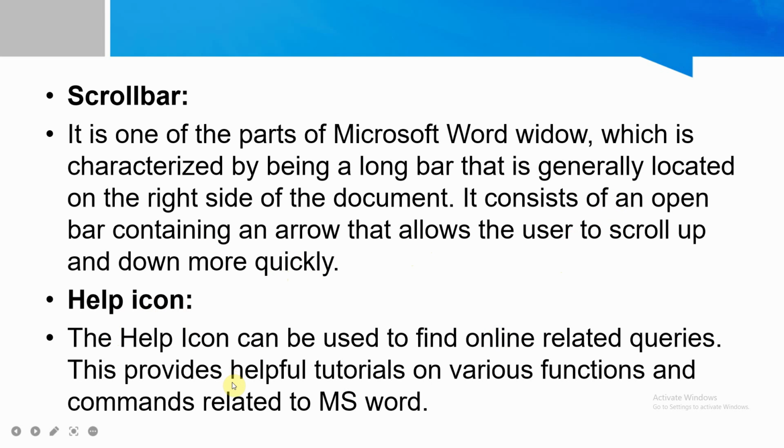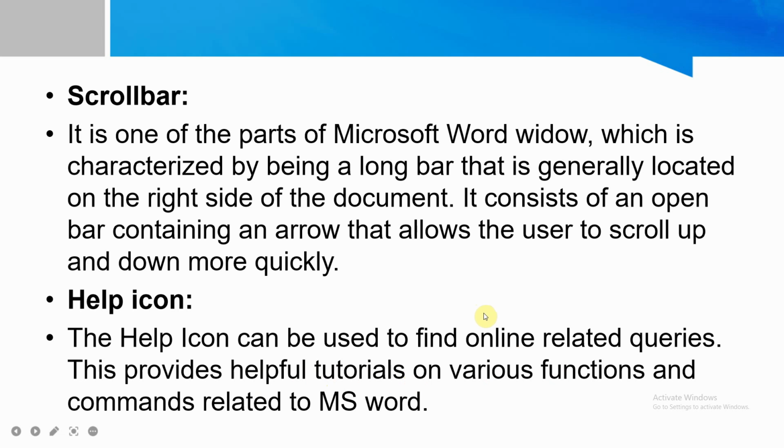And also we have the help icon, which is used to find online answers to related queries. As a shortcut to help in MS Word, you just press F1, that is the keyboard shortcut. Usually it will go to the tutorial page of various functions. But for some, if you press F1, it goes to the Microsoft Word help website.